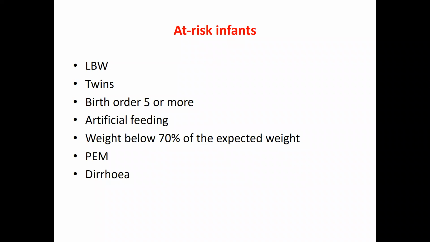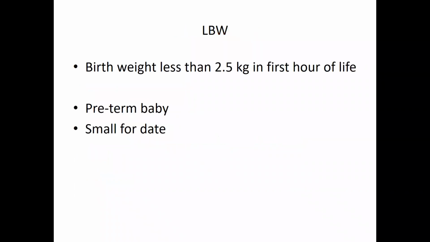Some of you may raise questions: if a birth order of 5 and more is that much of a risk for infants, why do we see that our grandfathers had 10 to 12 children, 10 to 12 brothers and sisters? I don't know. And if they are given artificial feeding, if the weight is below 70%, and if there is protein energy malnutrition of the babies, as well as diarrhea.